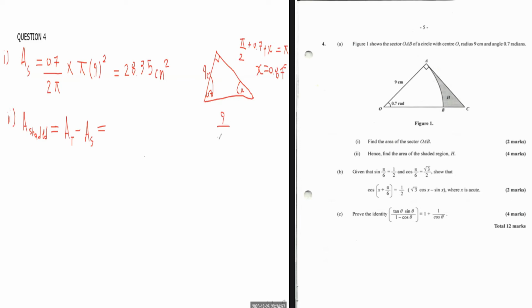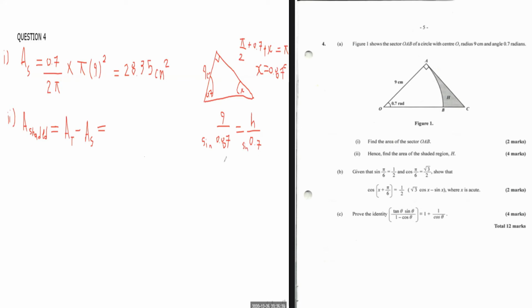So 9 over the sine of 0.87 is equal to the height over the sine of 0.7.